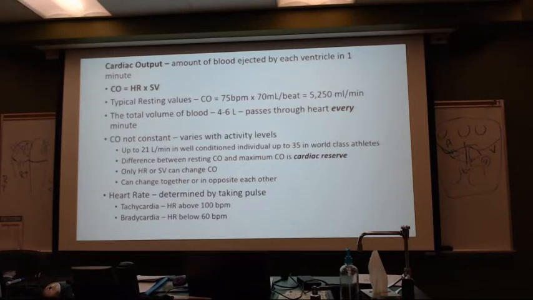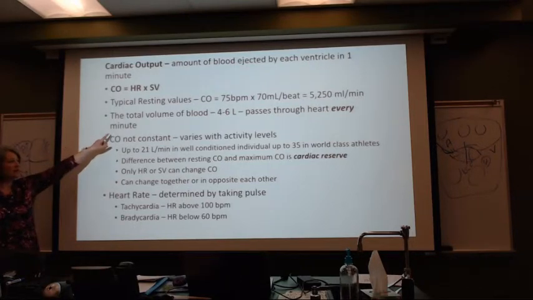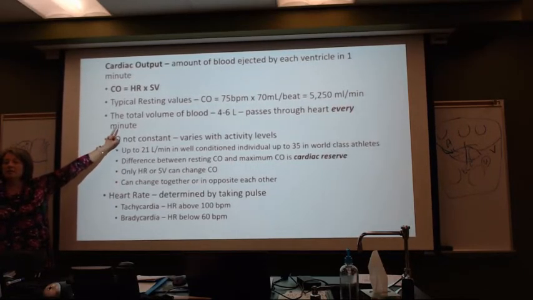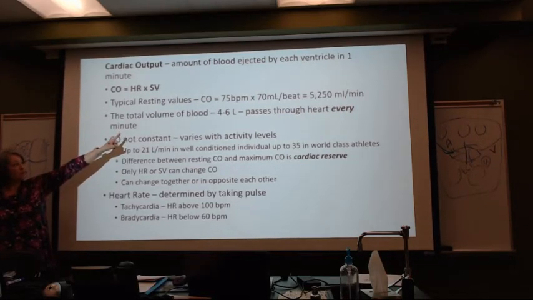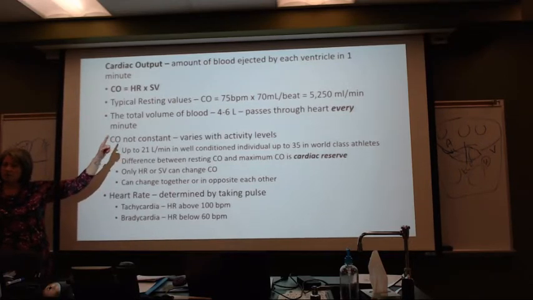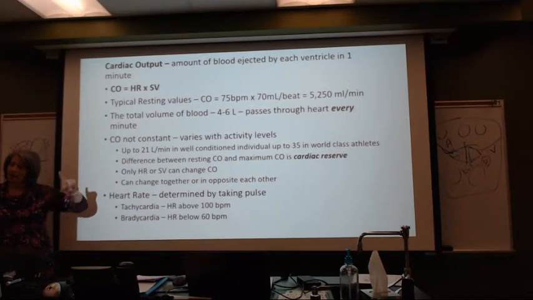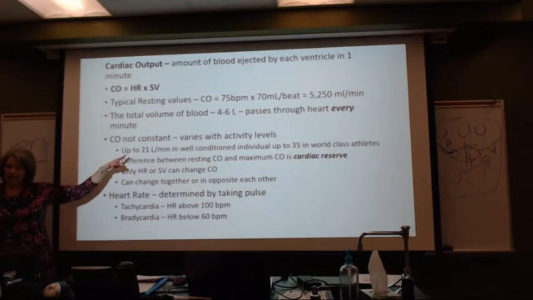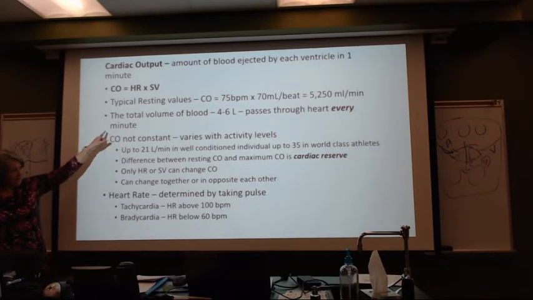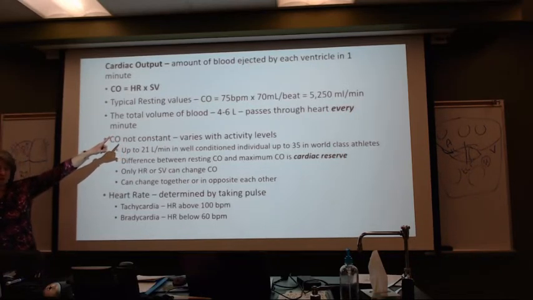So that tells us that our total volume of blood in the body at a given point in time is roughly 4 to 6 liters. That volume can change, and the body and the heart can adapt to it. So, that is the amount of blood.